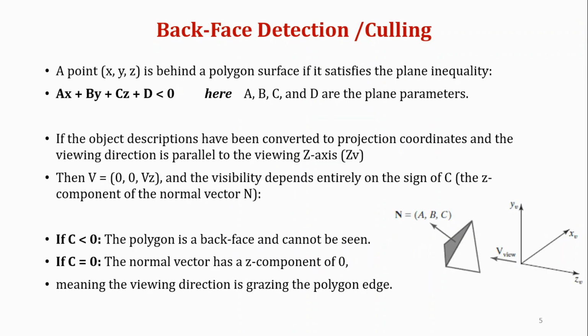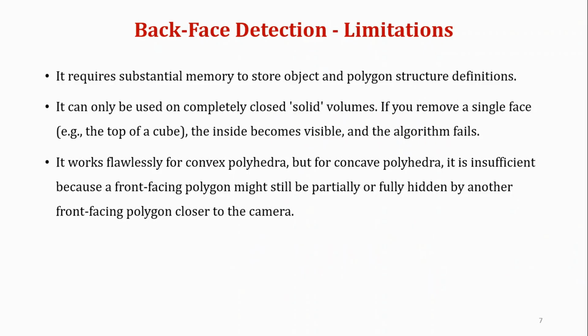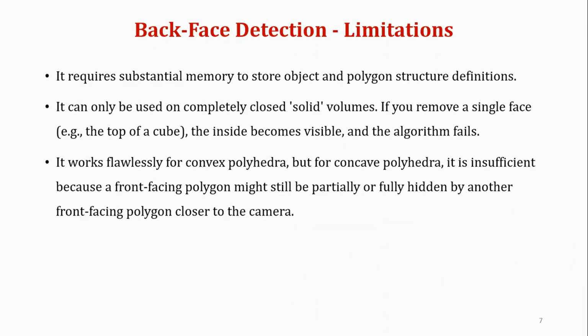Although, we have some limitations in back-face detection. First, it requires storage of detailed polygon and object information. Second, it works correctly only for completely closed solid objects. For example, if one face of a cube is removed, the inside becomes visible, and the algorithm cannot determine visibility properly.